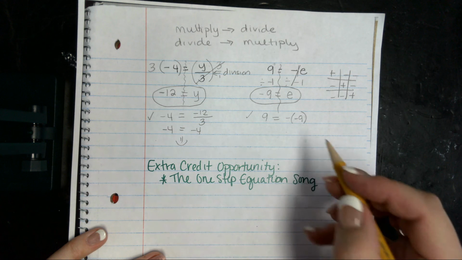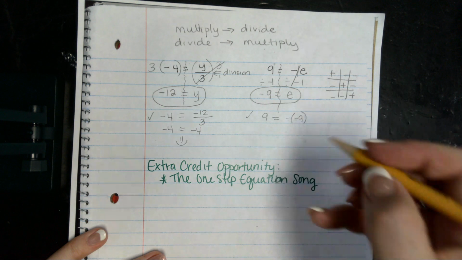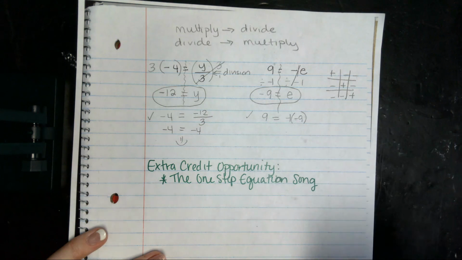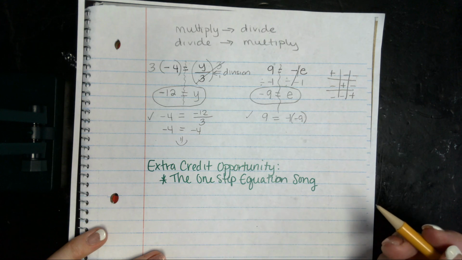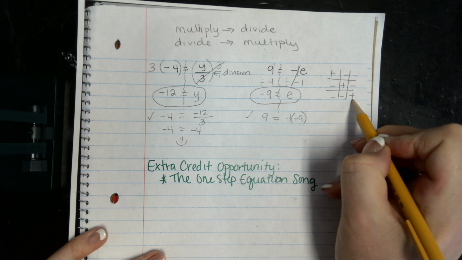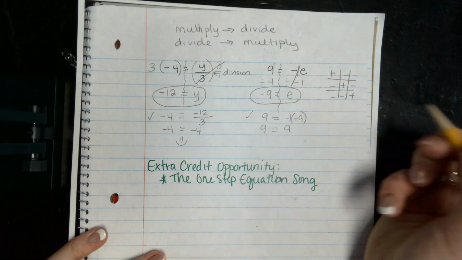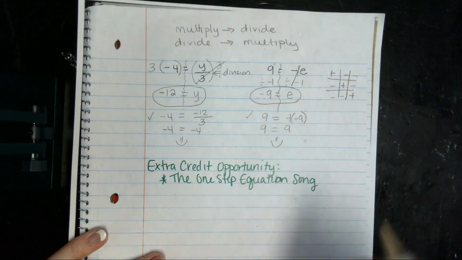Now here, I have a negative times a negative. Because remember, this is negative 1. So I have negative 1 times negative 9. A negative times a negative gives us a positive. So we have 9 equals 9. Our answers work out, and we are good to go.